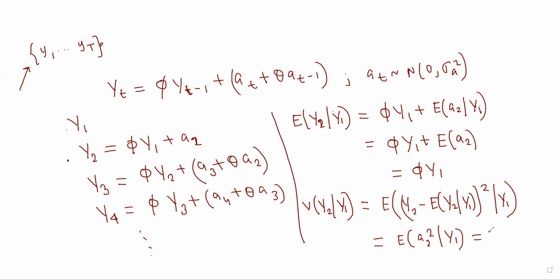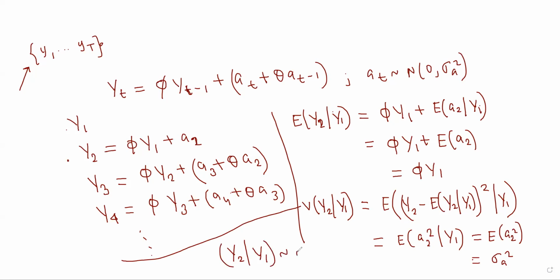But A2, as I mentioned, is not connected to its past. It's today's randomness. Is that right? Is that okay? That's a safe thing to infer.